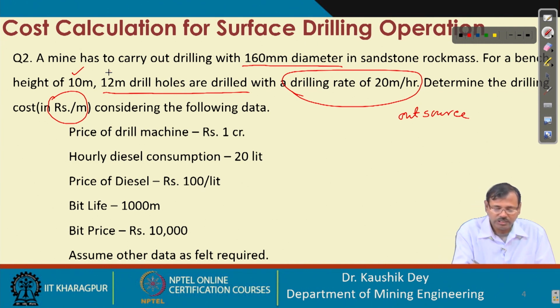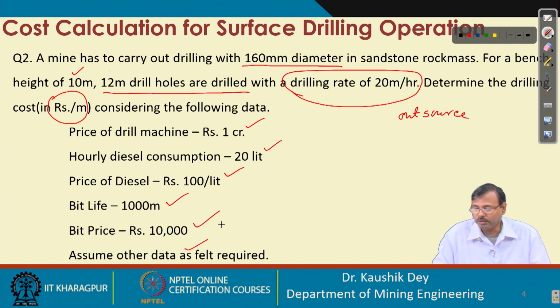Some data are given: the price of the drill machine, the diesel consumption rate, and the diesel price, also given matching the current price of 2022. Bit life is given, bit price is given, and other data are required to be assumed.